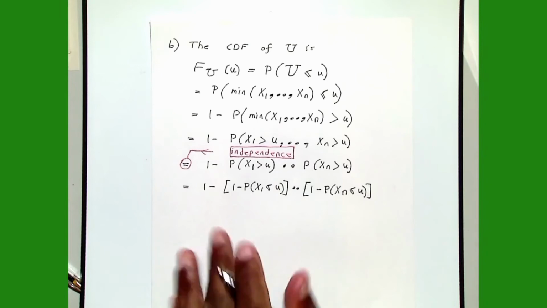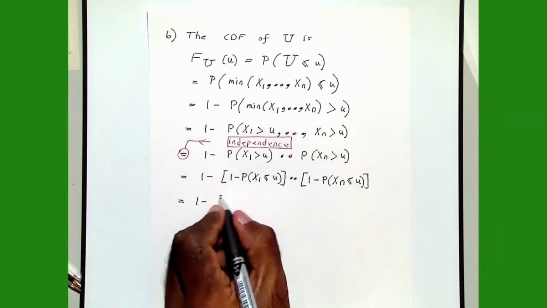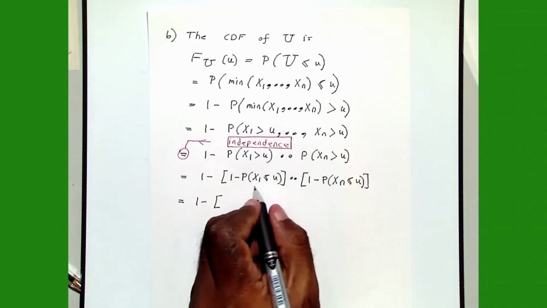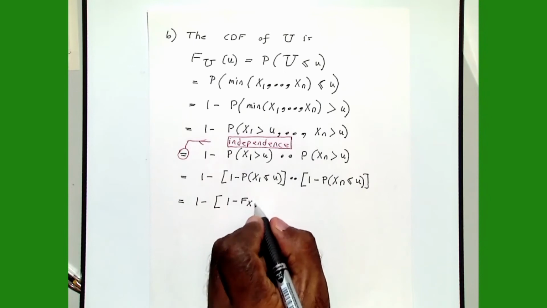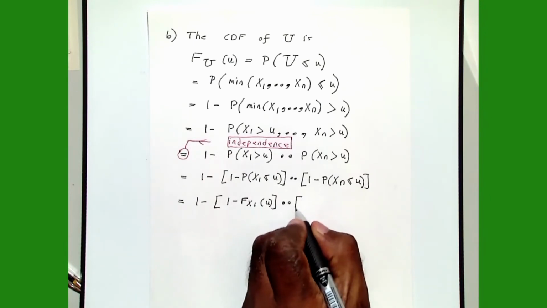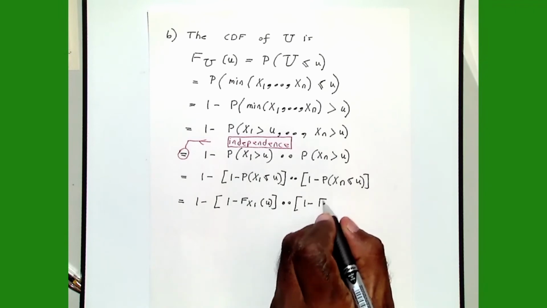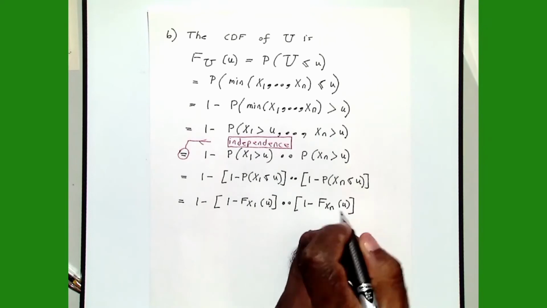Right? Okay, now in the next line, because this is a CDF of x1 at u, you can write it as 1 minus F x1 at u, and this is 1 minus F xn at u. Right?